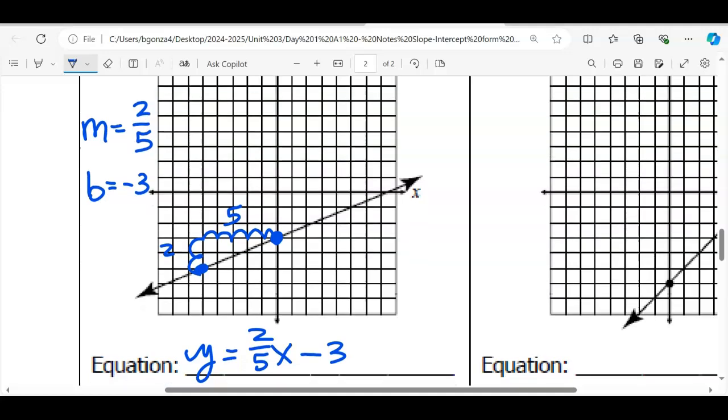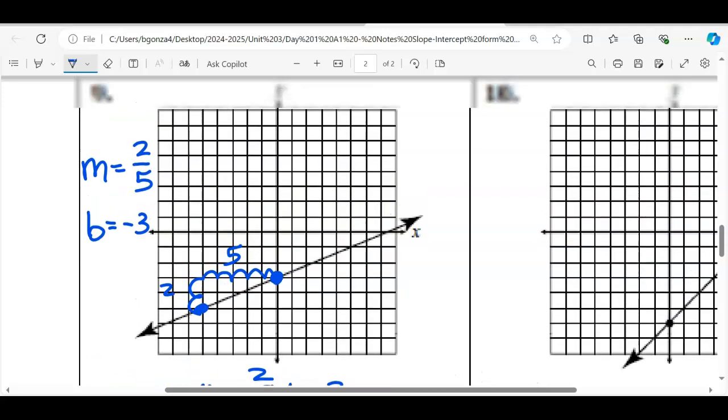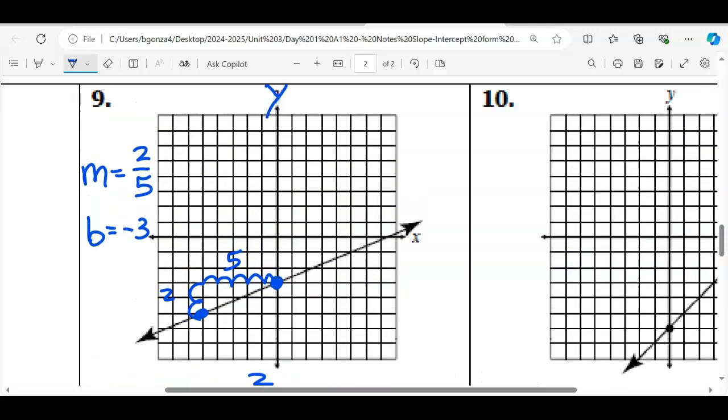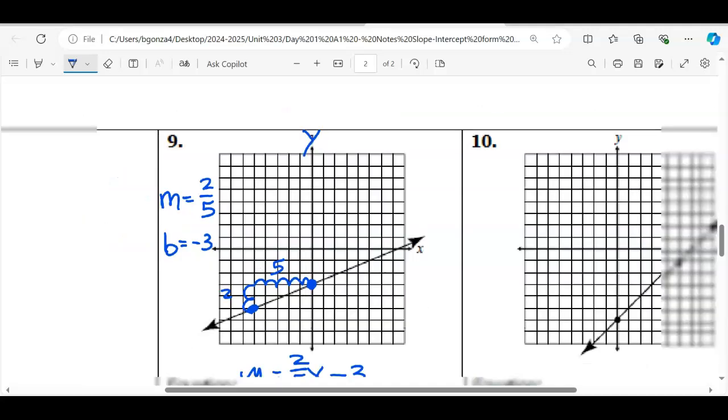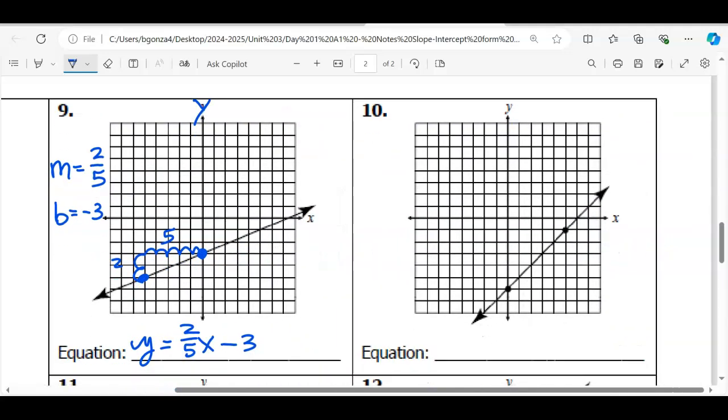Do you see we did rise over run for the slope? The y-intercept is on the y-axis, right? And number 10, similarly, now look at 10. It's going up 1, right 1. Every time. You could pick a closer point if you really wanted to, okay?